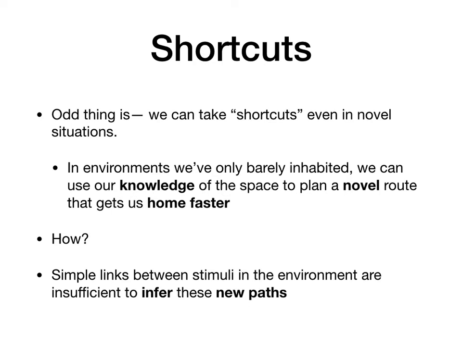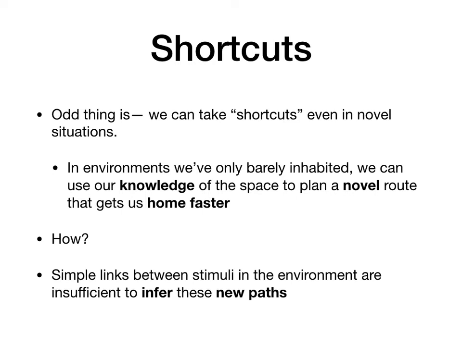Here's the thing, though. Of course, we choose the shortcut, but we can also do shortcuts in situations we've never been in before. How is it that we're able to say, "Oh, I'm in a brand new conference hall, and I have to go to the bathroom. Somebody tells me where that is, but then I can easily plan my route to the next place I need to go," right?